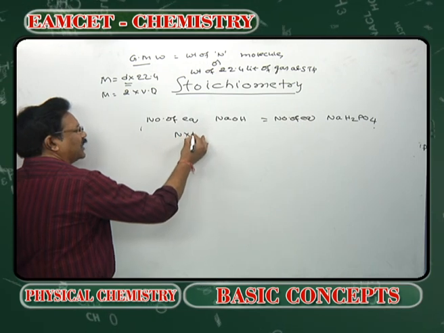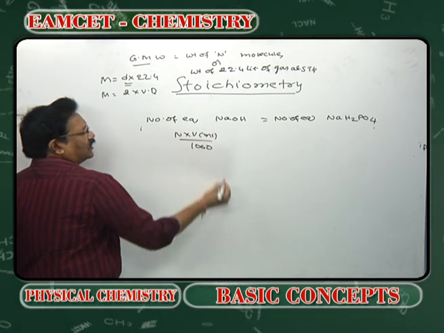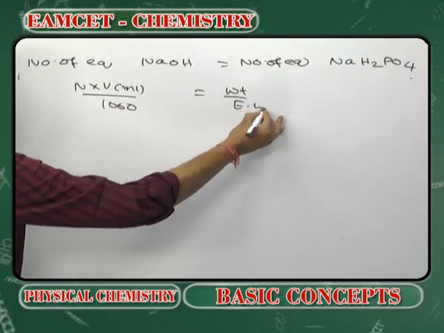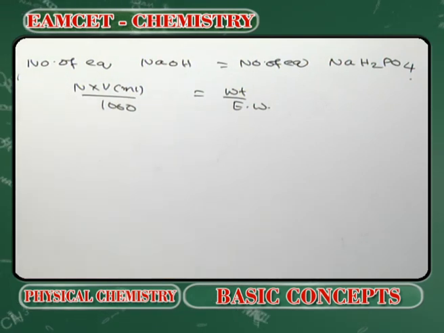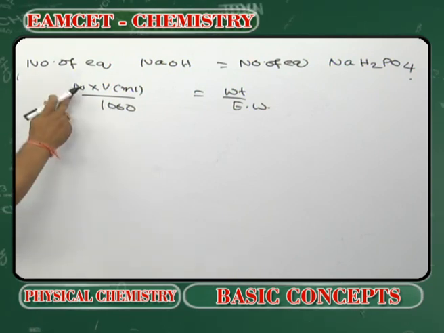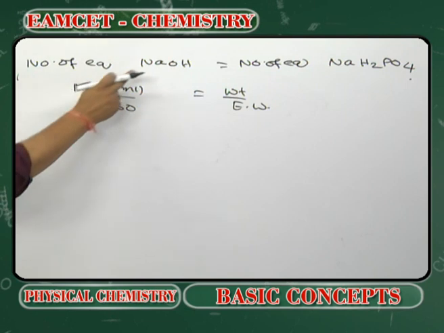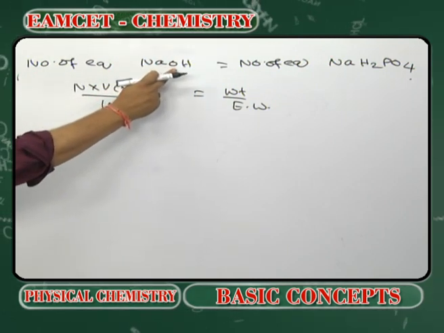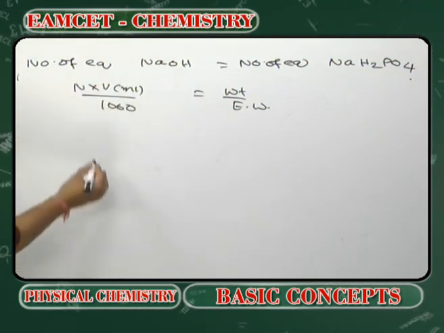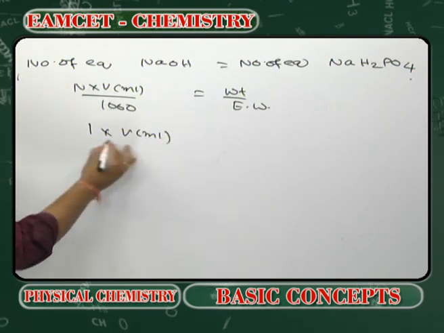How to calculate the number of equivalents for sodium hydroxide? N into V in ml by 1000. And for the other, weight by equivalent weight, 12 by the equivalent weight. For sodium hydroxide normality is equal to molarity, because sodium hydroxide happens to be a monoacidic base. So 1 into V in ml by 1000.